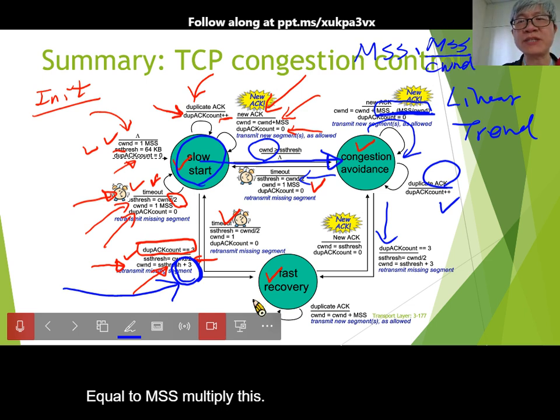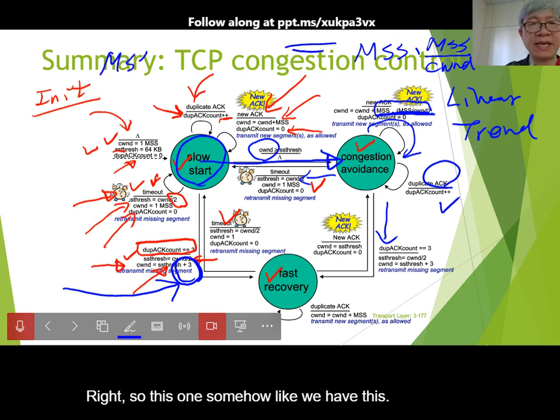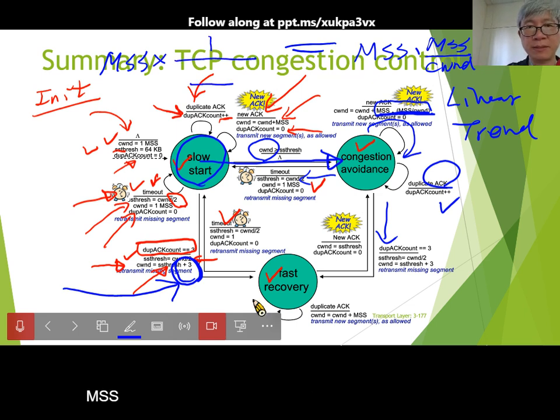Right? So this one, somehow like we have this. MSS multiplied by this. Alright, so this one, CWND over MSS.